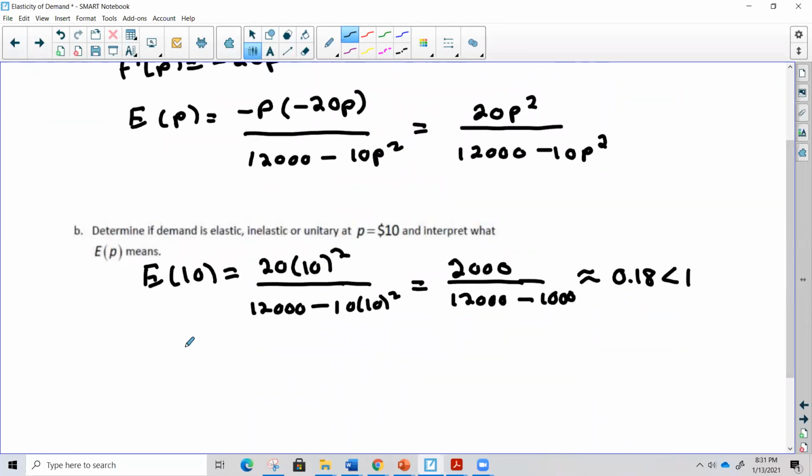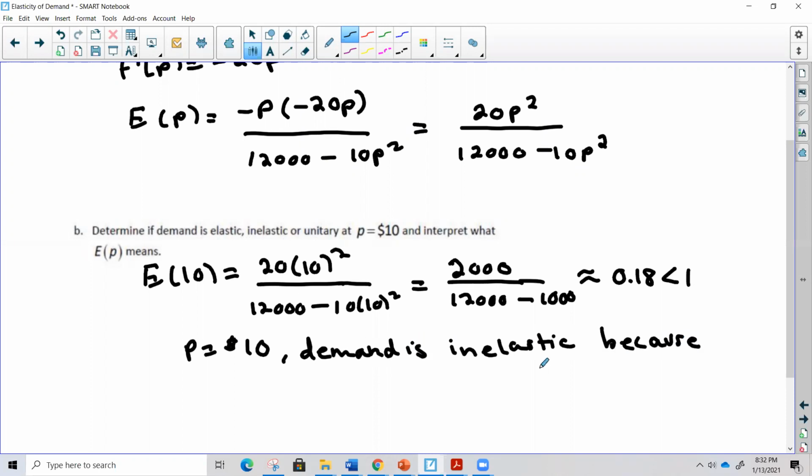And so we know that if the price is $10, and price would always be in terms of dollars, our demand is inelastic. Okay, because if you have to give a reason, E of 10 is less than 1.